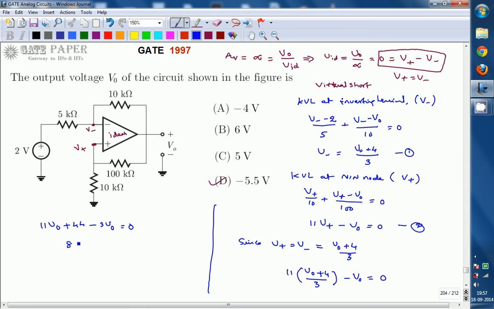So 11 minus 3 is 8, 8 V0 is minus 44, and V0 is equal to minus 44 by 8, which is minus 5.5 volts. So this is the required answer for this question. V0 is minus 5.5 volts. So the right option for this question is D.